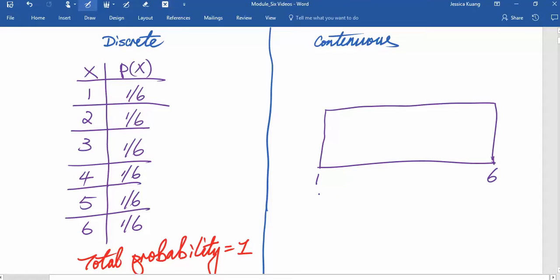And notice that the length of this rectangle is 5. So let me write that down. The length of this rectangle equals 5.